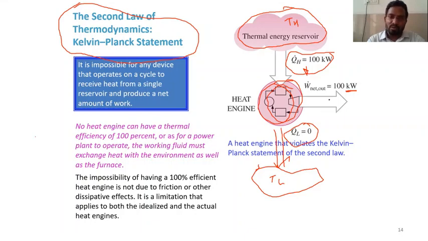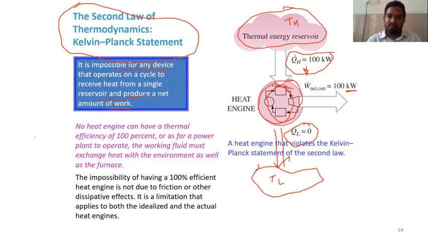And if it is not doing so, that engine is not going to be practically possible, right? So Kelvin Planck states that it is impossible for a device that operates in a cycle to receive heat from single reservoir and produce net amount of work output.